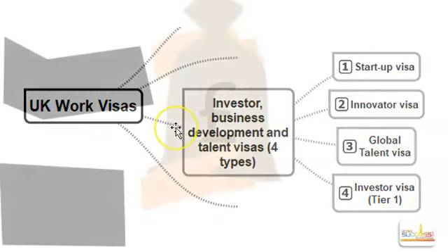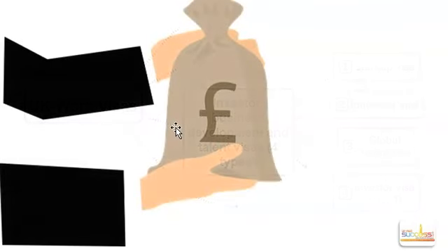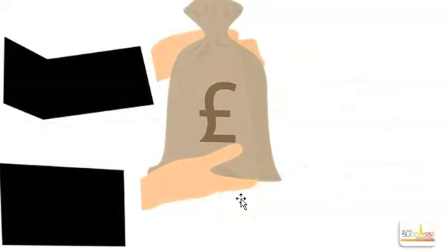This is for someone who has a spare 2 million to invest, and it will need to be under your control, held in a regulated financial institution, and it also must be disposable in the UK. And surprise, surprise, there are no English language requirements and no financial requirements for this particular route. That is probably because the Home Office trusts that if you have £2 million to invest, you'll find somewhere to live here in the UK, and you will not be claiming benefits.